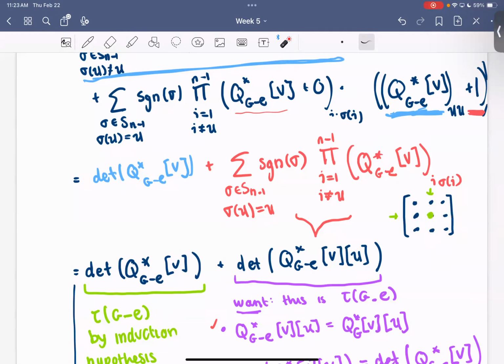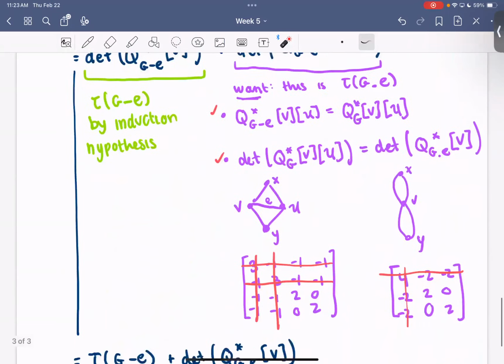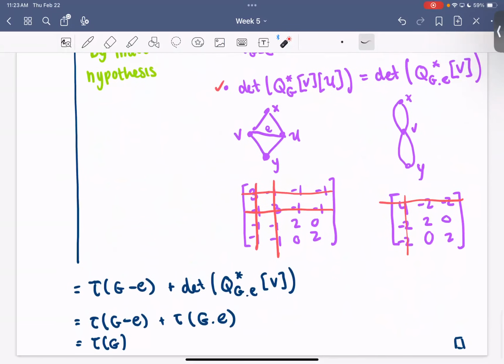Are there other questions? Okay, so this was the matrix tree theorem.